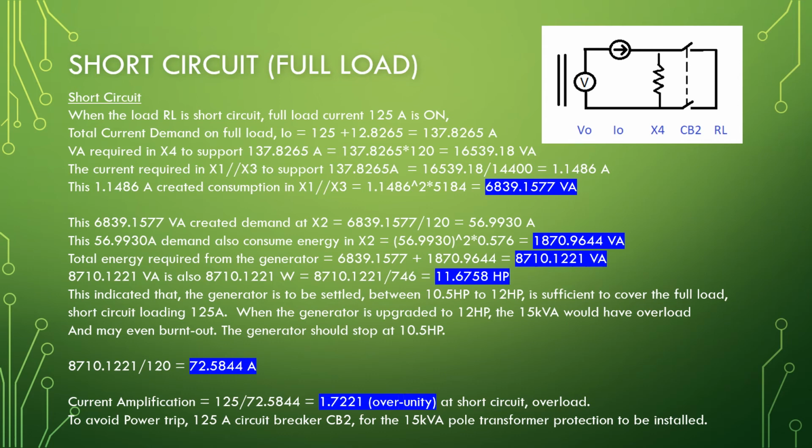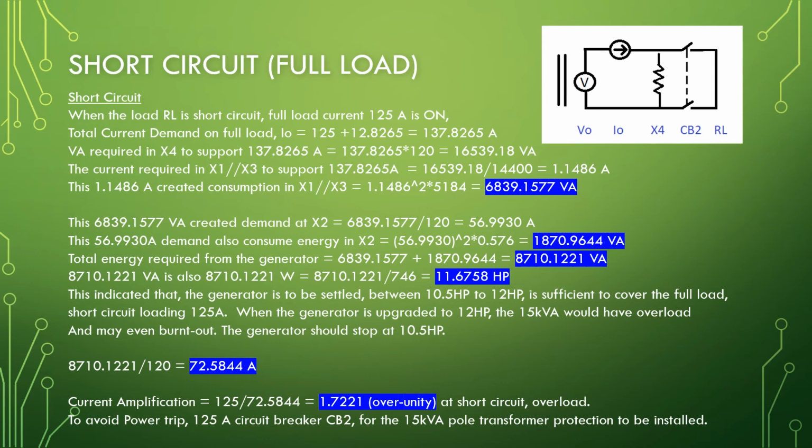8,710.1221 VA is also 8,710.1221 watt, equal to 11.6758 horsepower. This indicated that the generator is to be settled between 10.5 horsepower to 12 horsepower.